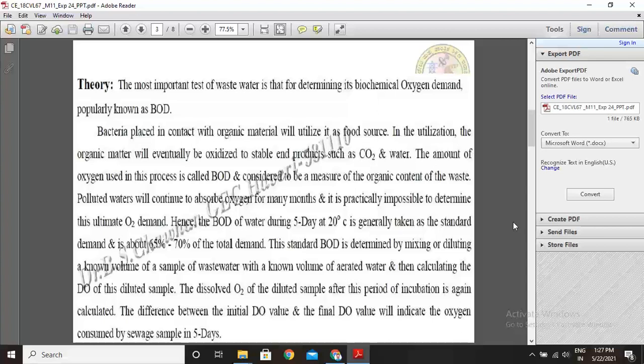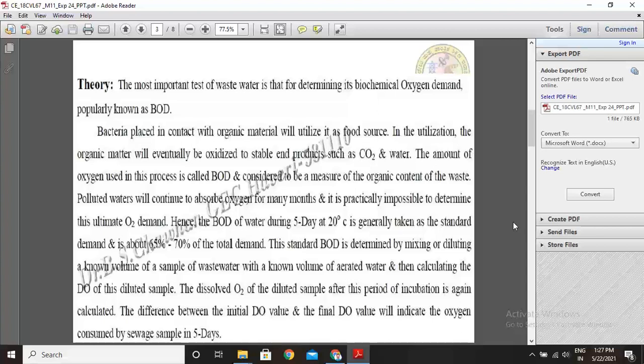Hence, the BOD of water during 5 days at 20 degrees centigrade is generally taken as the standard demand and is about 65 to 70% of the total demand. This standard BOD is determined by mixing or diluting a known volume of a sample of wastewater with a known volume of aerated water and then calculating the DO of this diluted sample.